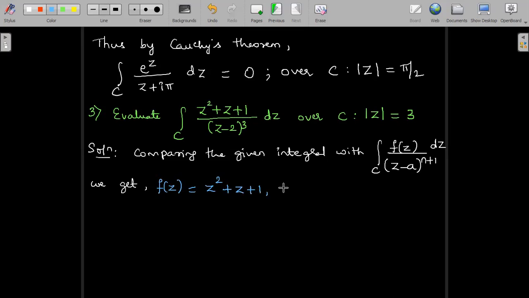And on comparison, the value of a is equal to 2, and n plus 1 is compared with 3, which gives n is equal to 2 for us.